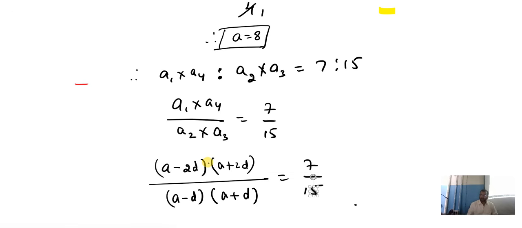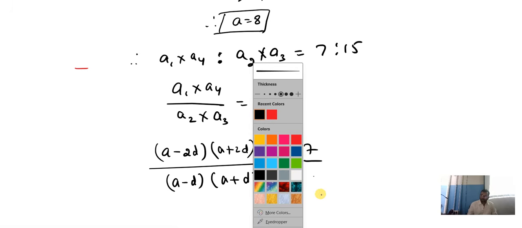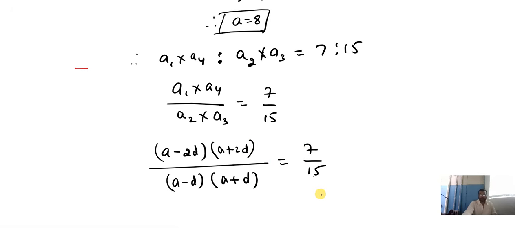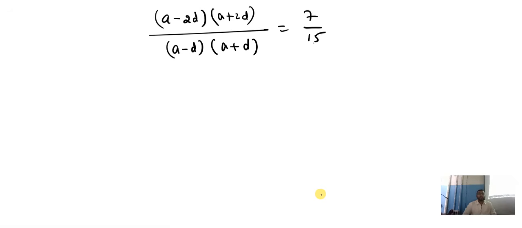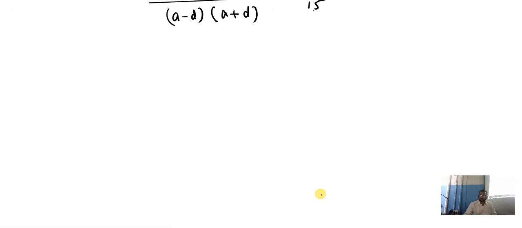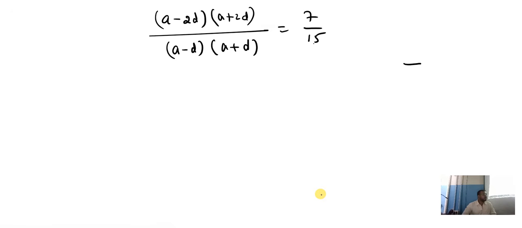Now, my dear students, as you can see, our numerator A minus 2D, A plus 2D is in the form of A plus B into A minus B, with A on both sides and 2D on both sides.